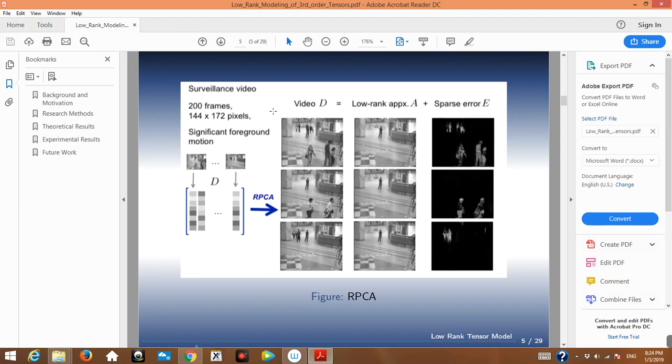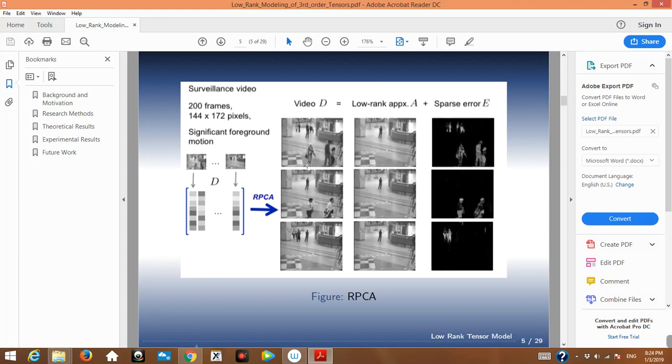In this image, you can see the background, the store and other stuff cannot change, but there are lots of people moving around. Those people are always changing. That means the background is a low rank matrix, and those people moving around are sparse error in this image.